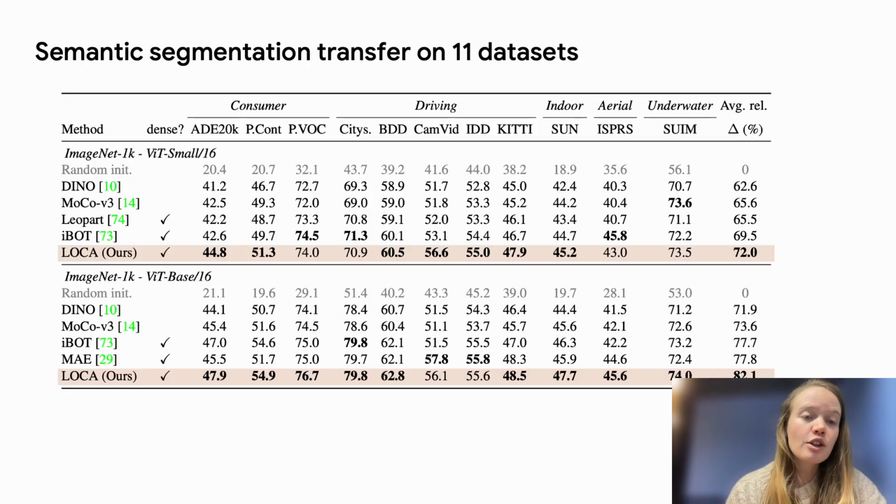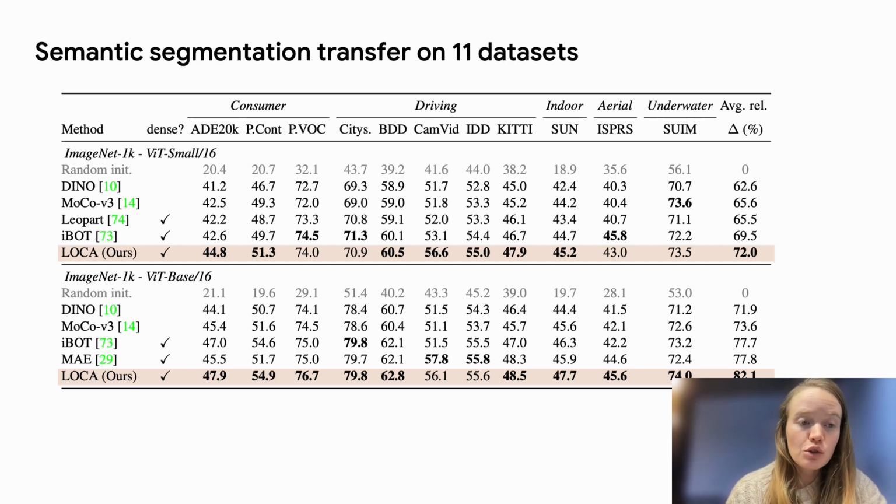So here are some quantitative evaluations on 11 semantic segmentation benchmarks, and we compare our LOCA method with different self-supervised algorithms, either with dense objectives or image level objectives. And we do so with two architectures, ViT small and ViT base.